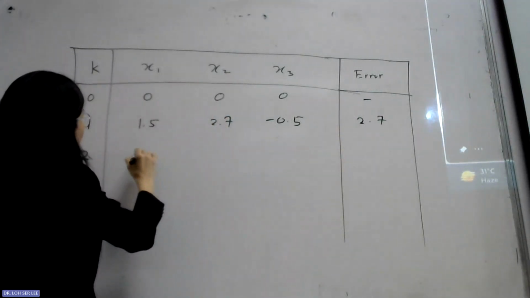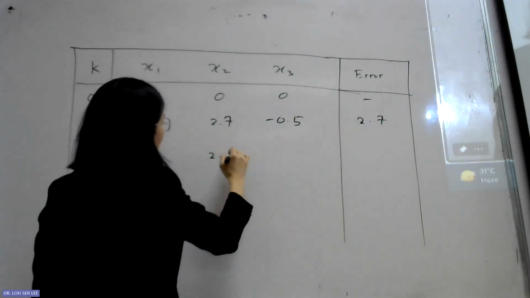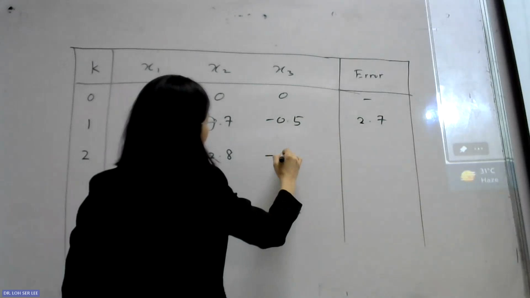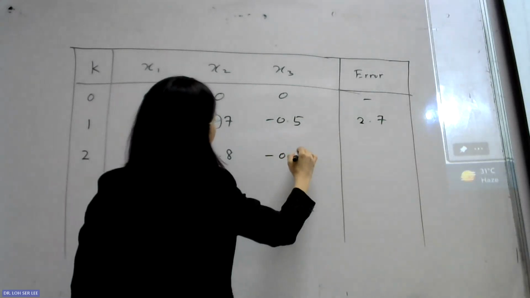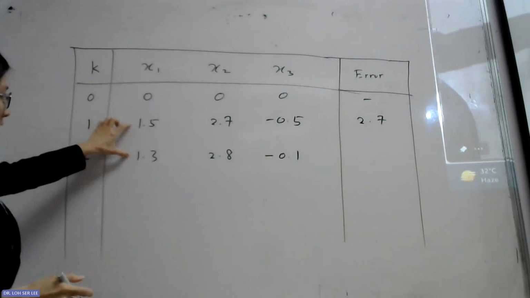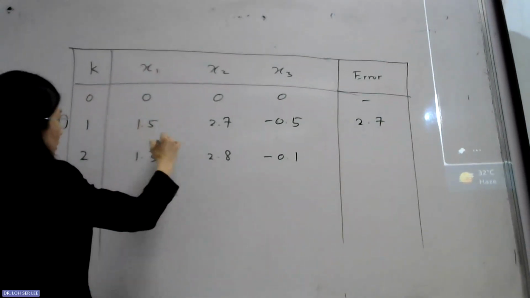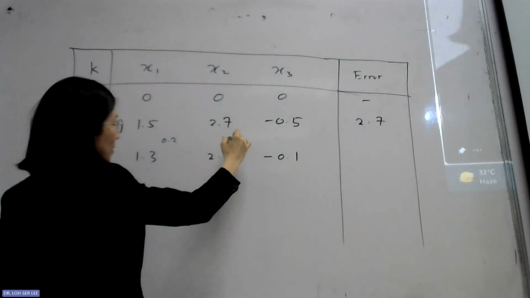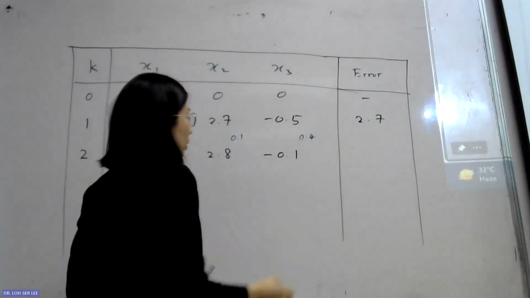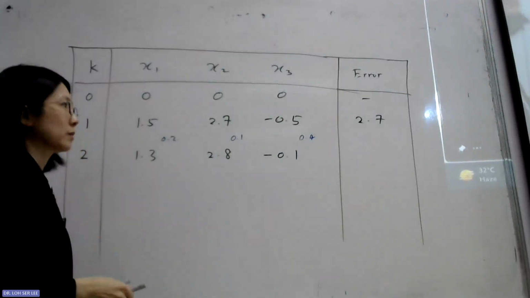One more. Let's say this is 1.3, this is 2.8, negative 0.1. So the difference is 0.2, 0.1, 0.4. We don't take negative.